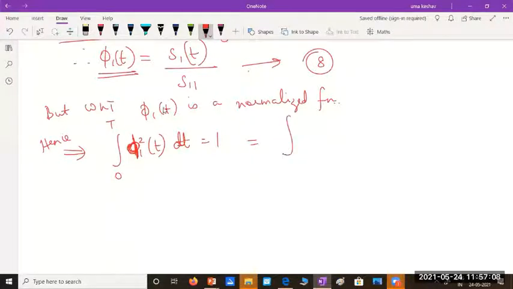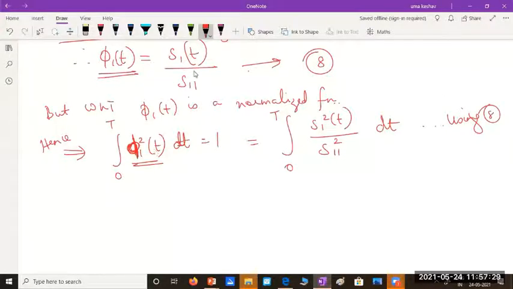And if I represent this value for phi 1, what do I get? Integral 0 to T of s1 square t by s11 square, using equation 8. Phi 1 is written as s1 by s11, and since I'm taking the energy, I should square both numerator and denominator. Let me call this equation 9.